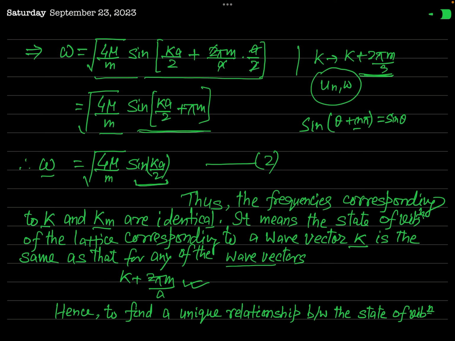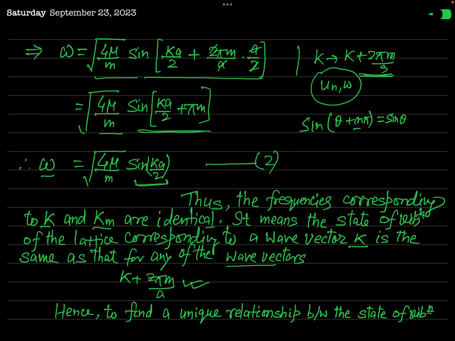So actually here you can say that this 2 pi over a is the period after which the state of vibration will become the same, or you can say that this is the period after which the system repeats its motion. So 2 pi over a is the period of this vibration.